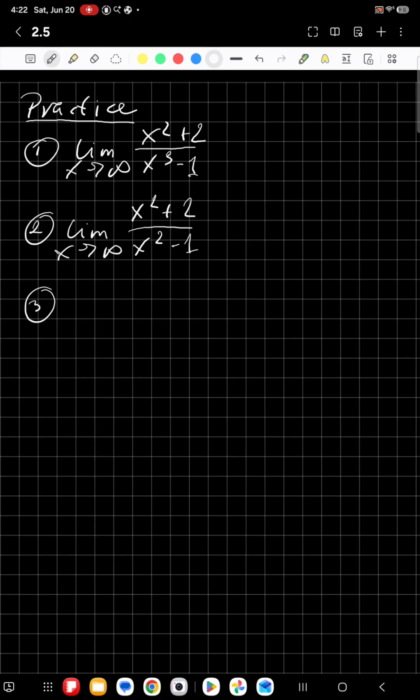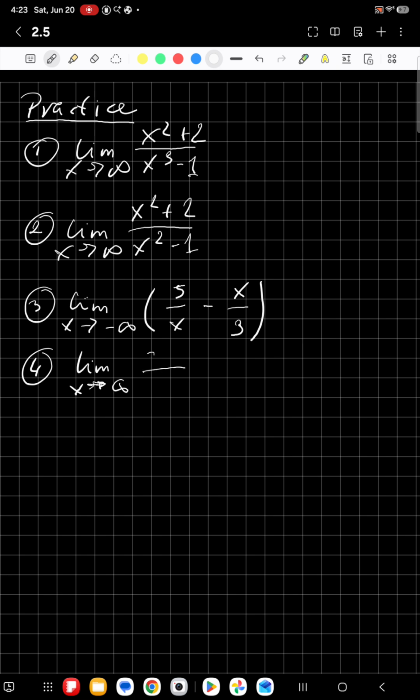Problem 3 is the limit as x approaches negative infinity of 5 over x minus x over 3. And problem number 4 is the limit as x goes to infinity of sine x over x.